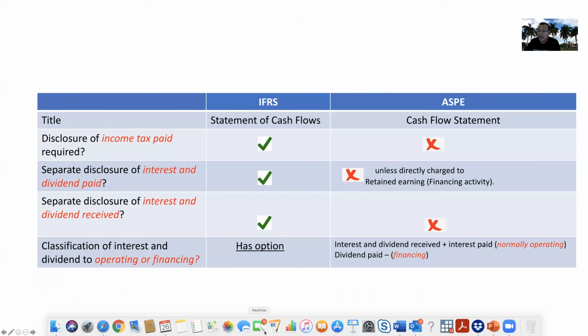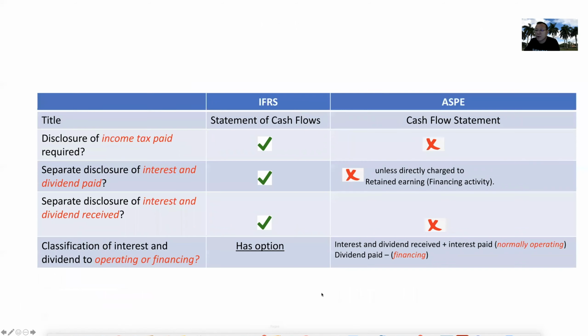So in this slide, on this table, I'm comparing the two common standards used in Canada. IFRS is used for the publicly listed companies. ASPE is used by the small, medium-sized enterprises, right?